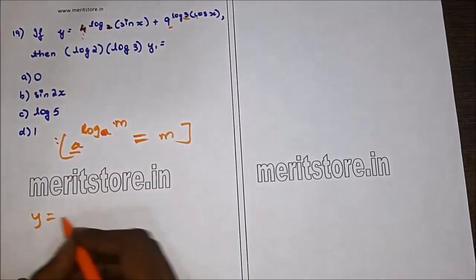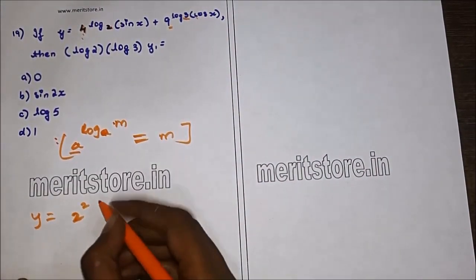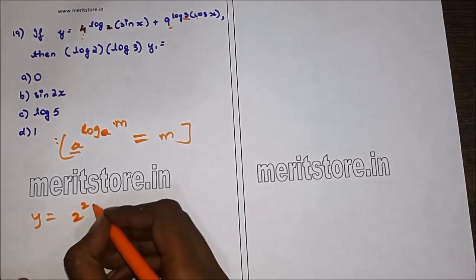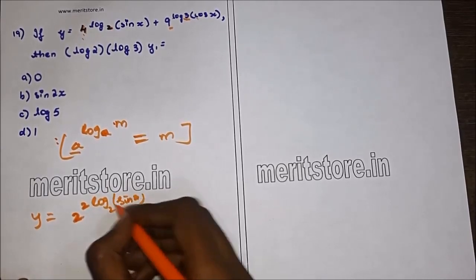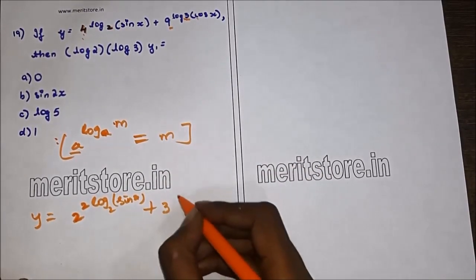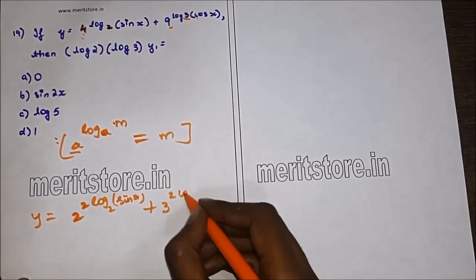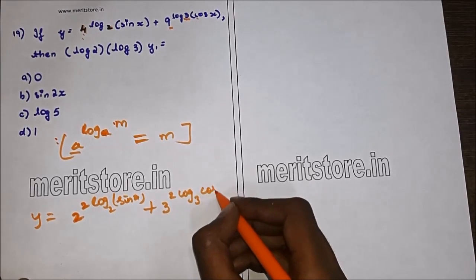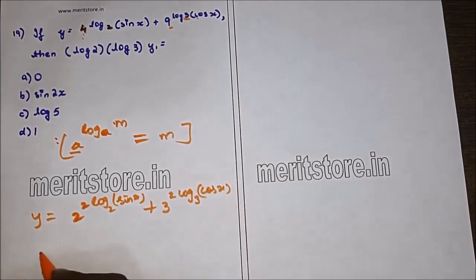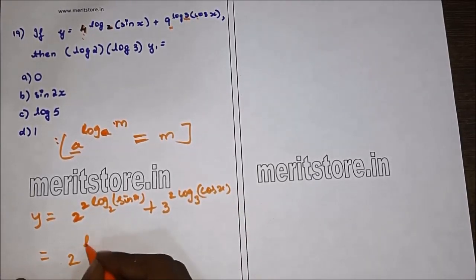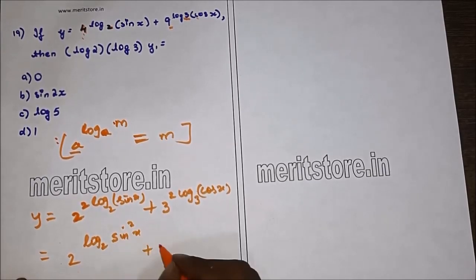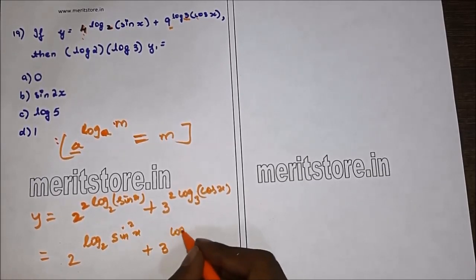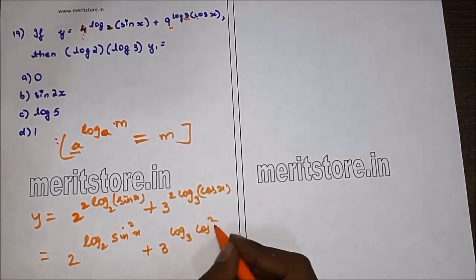So 4 can be written as 2 square. So 2 square into 2 raised to 2 times log to the base 2 sin x. Similarly for the second term we can write 3 raised to 2 log to the base 3 cos x. Again by law of logarithm we get 2 raised to log to the base 2 sine square x plus 3 raised to log to the base 3 cos square x.